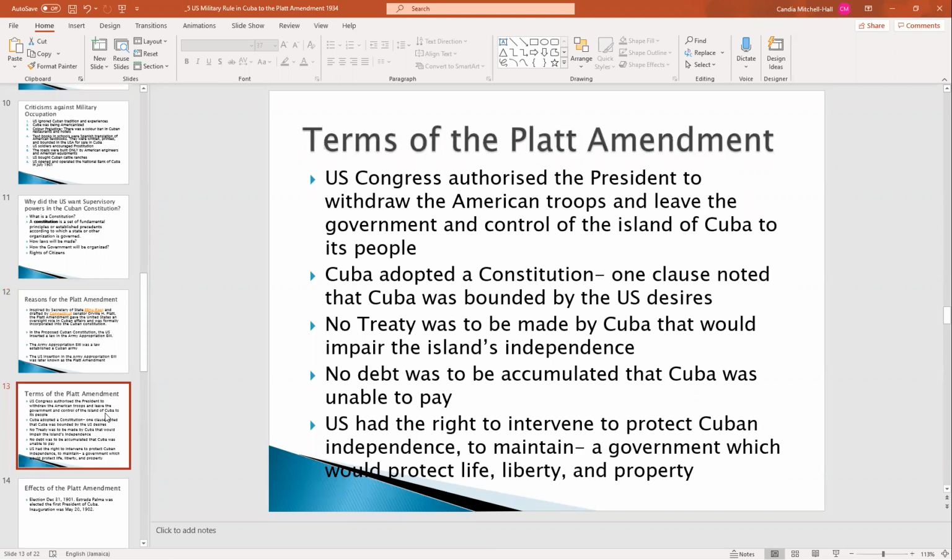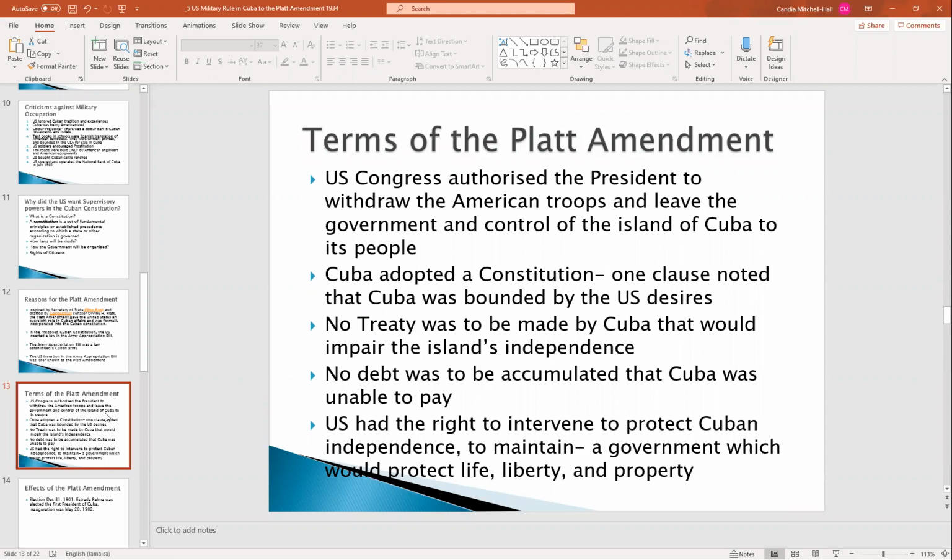And other things that they are going to implement. The US Congress authorized the president to withdraw the American troops and to leave the government, and to give control of the island to the Cuban people.